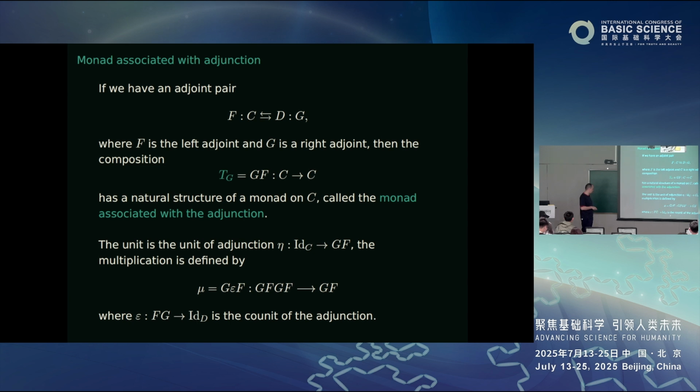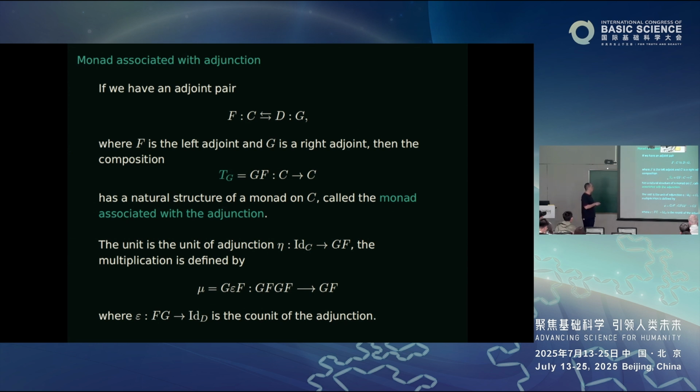The counit of adjunction is a natural transformation epsilon, and using it, you can construct a map from the square of this composition to itself. This will define the structure of a monad. And actually, all monads can be obtained in this way. For any monad, you can construct a pair of adjoint functors such that this monad is obtained from this pair of adjoint functors.